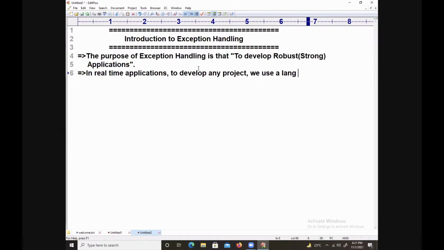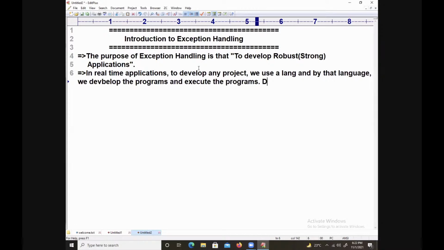When we use any language, a language is a must. By using that language, we develop the programs and execute the programs.